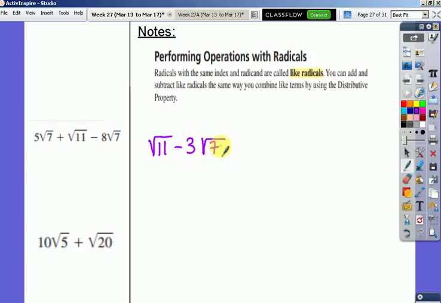On the second example, they don't have the same radicand, but they have the same index. So we're going to have to simplify that radical to see if we can, in fact, get the same radicand. So that's 4 and 5, 2 and 2. So the square root of 20 simplifies to be 2 root 5.